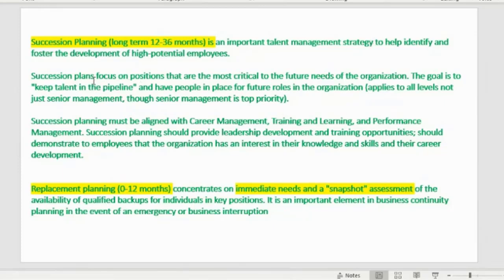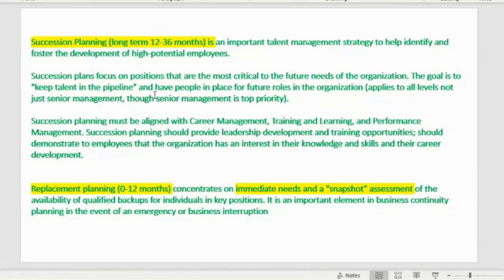Now, succession planning focuses on positions that are the most critical to the future needs of the organization. It can focus on all levels and try to make sure that you have talent that is being prepared and positioned for future needs. But its core priority would be those that are most critical to the future needs of the organization.